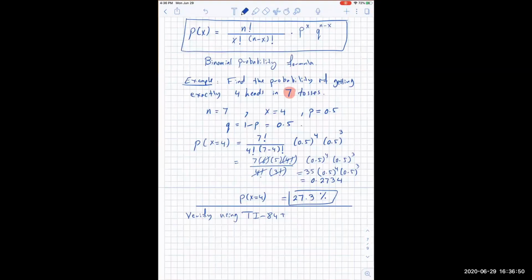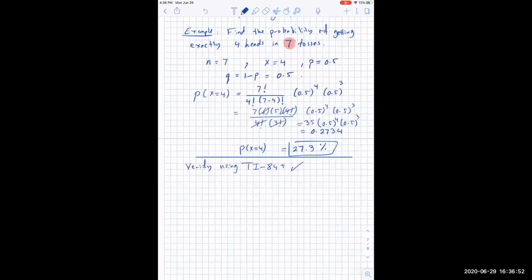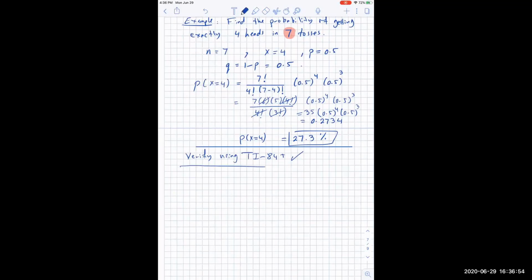Okay, so I showed you how we're going to re-verify it with the calculator. We got 0.2734, and that's what the calculator gave us. Let's do another one.